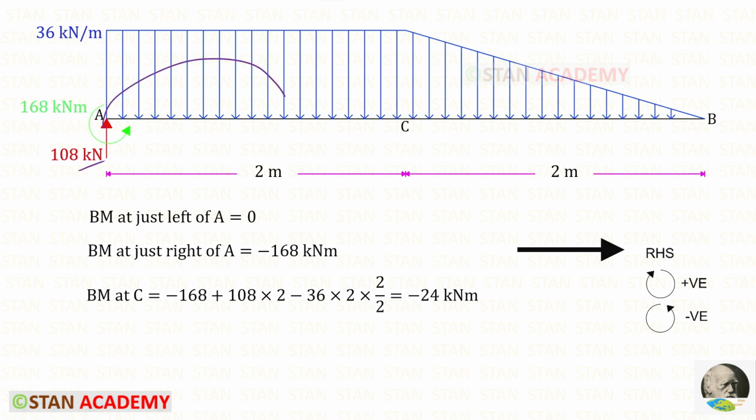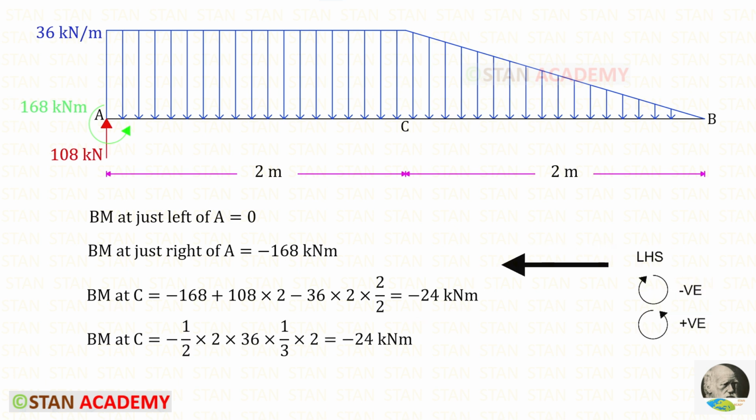RA is acting in the clockwise direction, so it will be positive, and the distance is 2. The UDL is acting in the anti-clockwise direction, so it will be negative. For the UDL, we have to multiply the area with the centroid distance. For the moment at C, we will get minus 24 kilonewton meter.